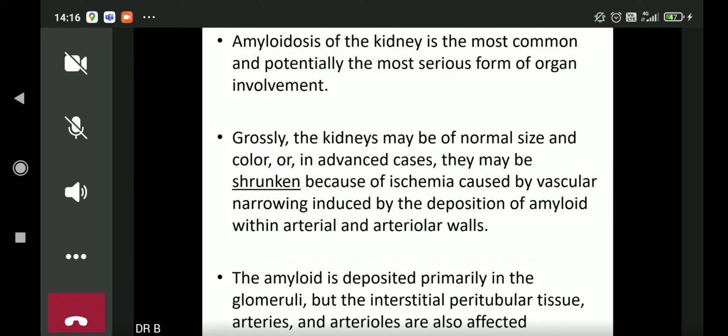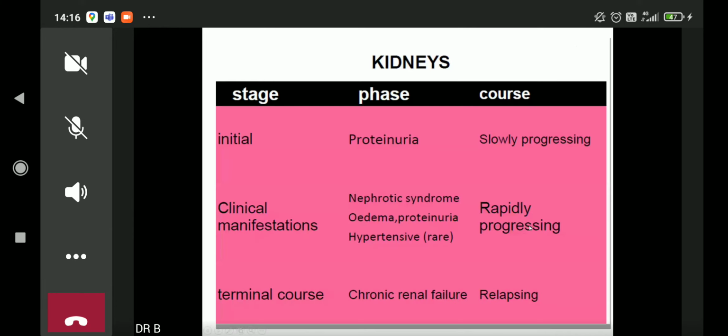But in advanced cases, shrinking starts because of ischemia. Okay. Now, amyloid is deposited in the kidneys primarily in the glomeruli, but the interstitial tubules, arteries and arterioles also get affected eventually.